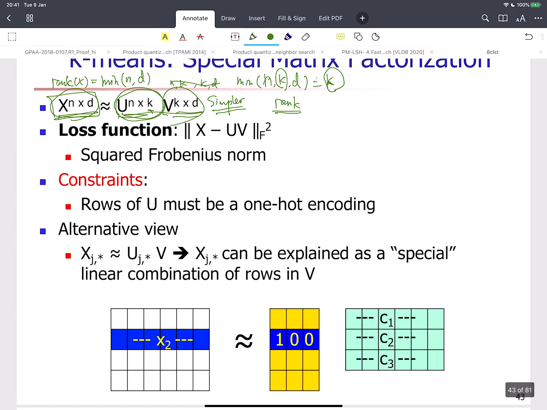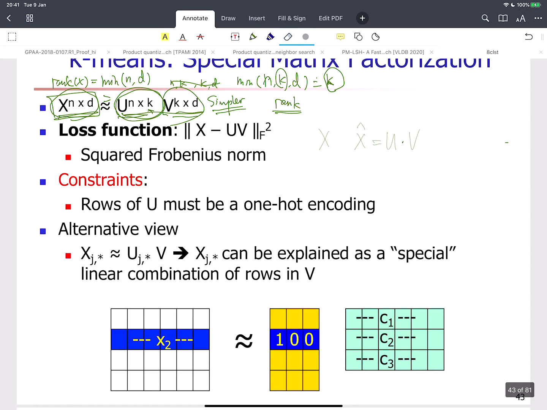If it is exactly equal, it means there is not much information there, relatively speaking. But approximate means this matrix X can be well approximated by some similar matrix X hat, and we can define how similar they are. Basically, X hat is essentially U times V.